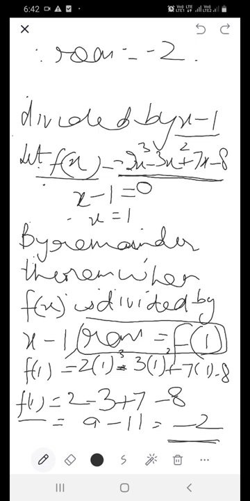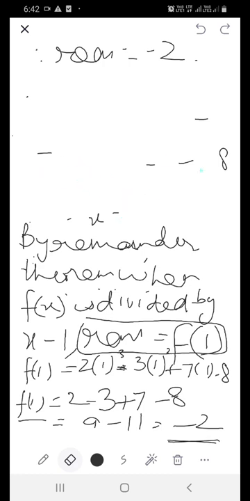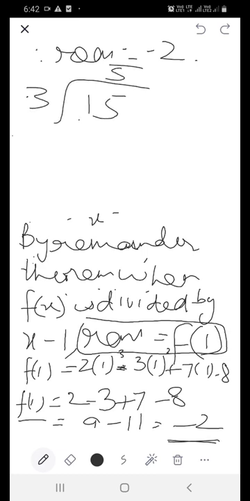As a simple example, if I divide 15 by 3, you will say 3 fives are 15. There is no remainder. Remainder is 0. That is why we say 3 is a factor.